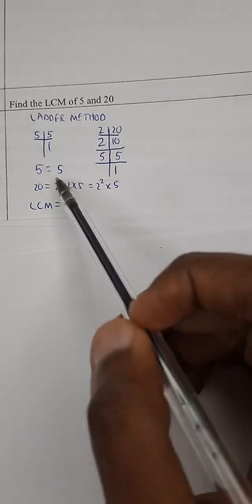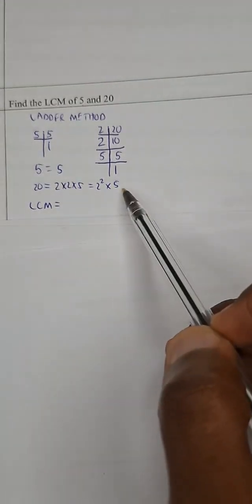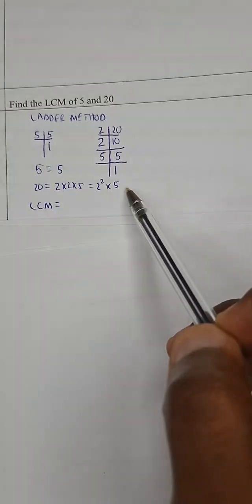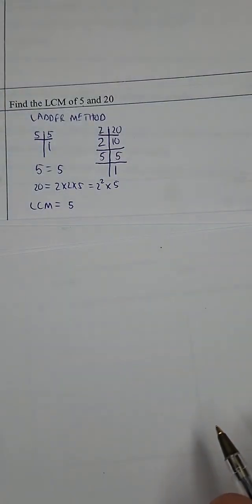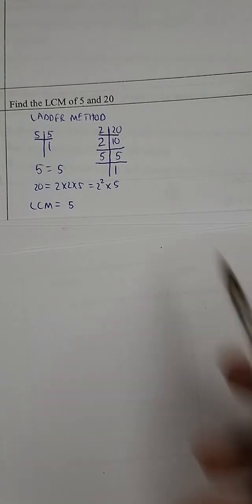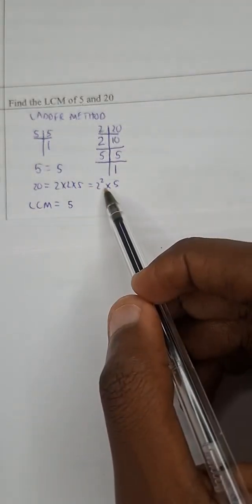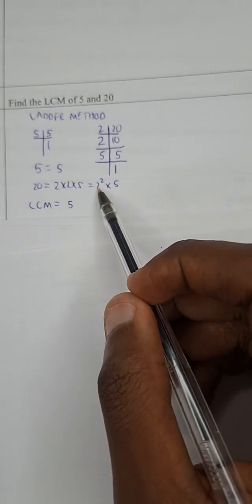So for instance, 5 and 5 are common bases for both numbers, so we choose the common base, which is 5. 2 squared is a leftover, and alone it is a base that has the highest exponent.